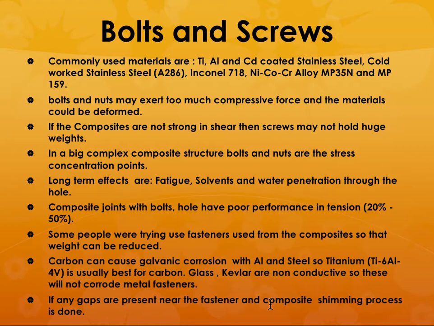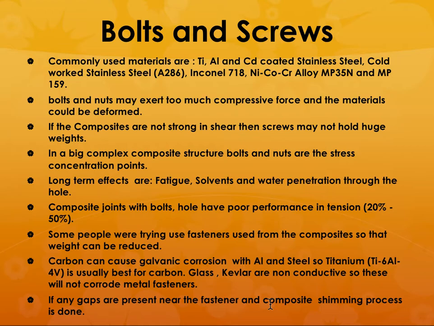So you have to take all that into account. And these are made from metals, which means it increases the weight. But sometimes people are trying to use nuts and bolts that are made out of composite itself, but it is not very easy to make them. It is not very easy to machine them. So it's not very easy for you to join composite structures using mechanical bonds.